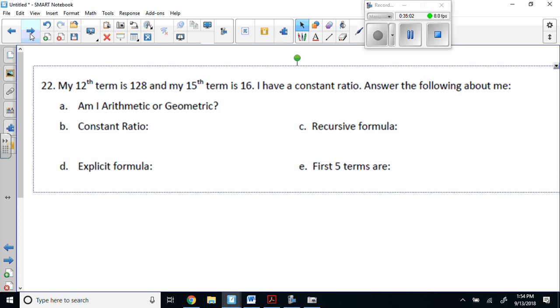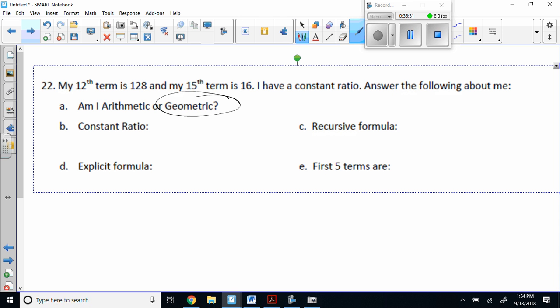Okay, my 12th term is 128. My 15th term is 16. Now, ladies and gentlemen, am I arithmetic or geometric? Well, let's see. Because it's trying to trick you. Oh, well, I'm geometric.